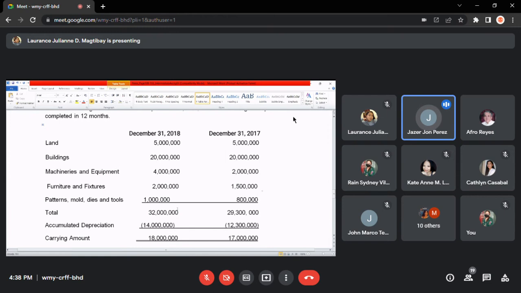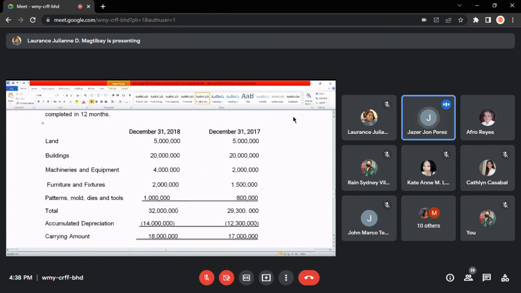And for the column of December 31, 2017, the land is 5 million, buildings 20 million, machineries and equipment 2 million, furniture and fixtures 1,500,000, patterns, mold, dies, and tools 800,000, with a total of 29,300,000.